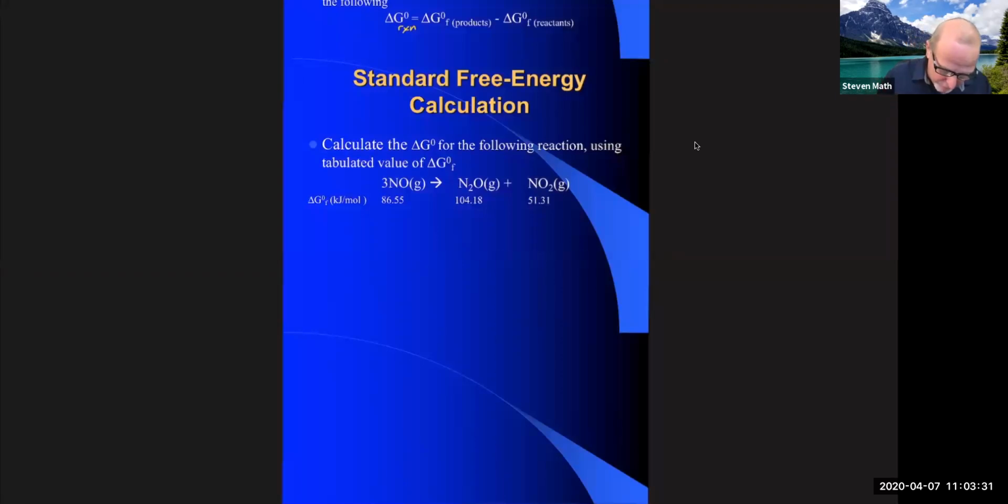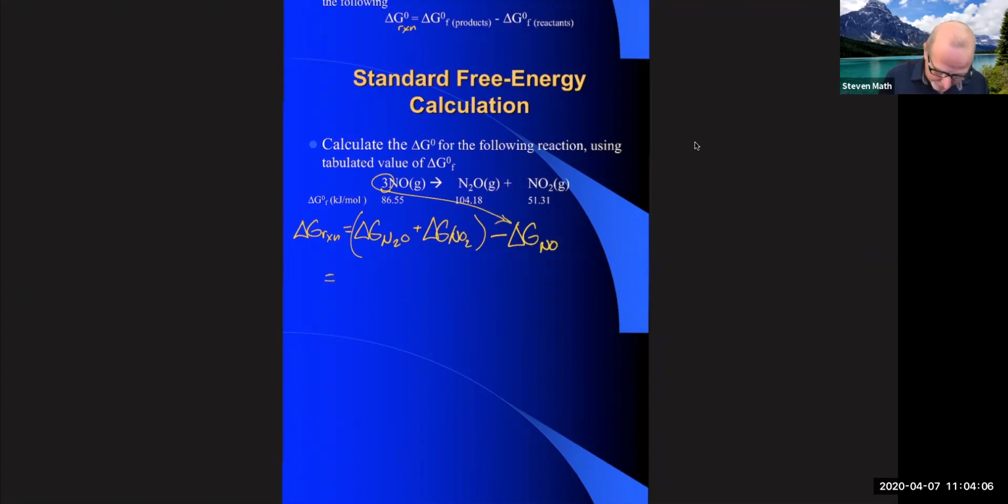All we have to do is say delta G for this reaction is going to be equal to delta G of N2O plus delta G of NO2 minus delta G of NO. And this 3 is going to come into play over here.